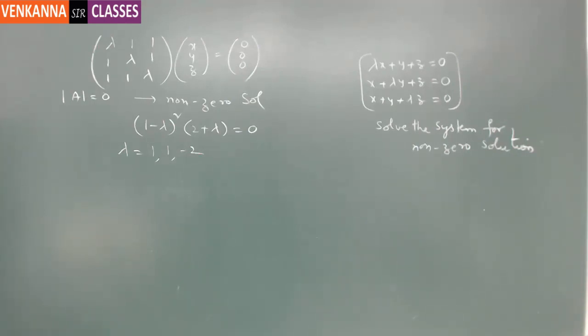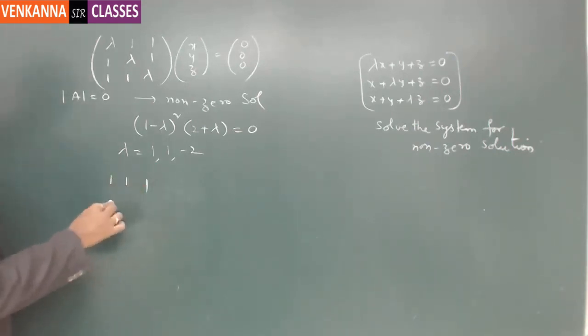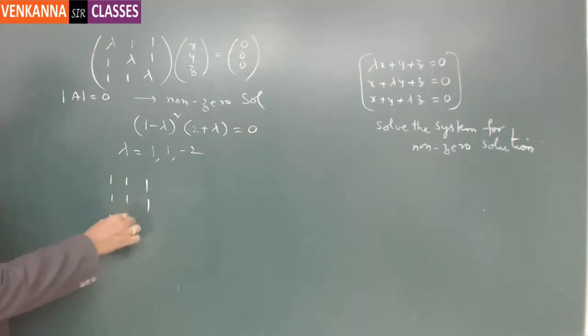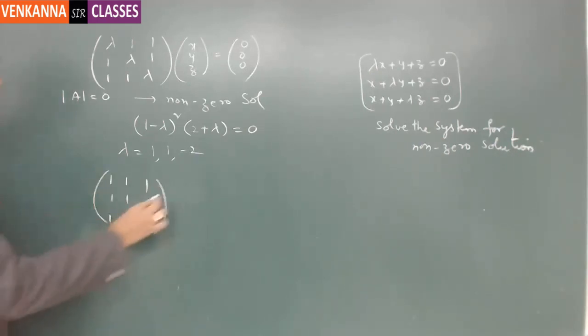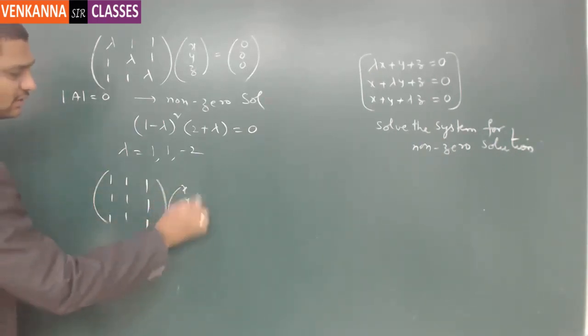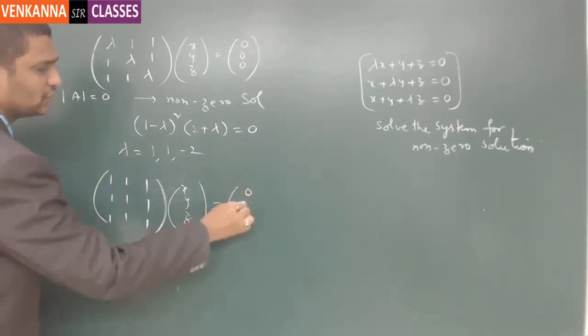Fine. Now in this system you are substituting the lambda values. So if you substitute lambda equal to 1, we get 1 1 1, 1 1 1, 1 1 1, of x y z equal to 0 0 0.